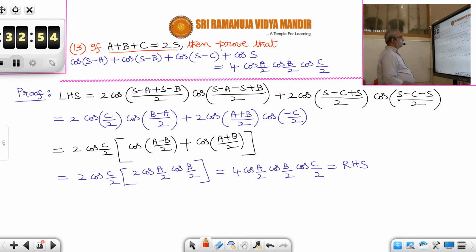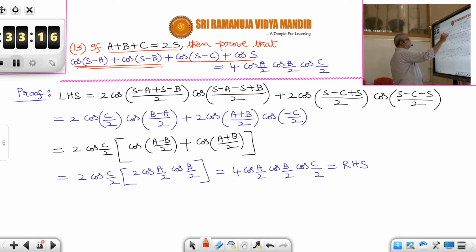Okay, I have taken the left hand side. In the left hand side I am combining the first two terms and applying the transformation for cos c plus cos d. I am taking the third term and fourth term separately and applying the same transformation for cos c plus cos d.